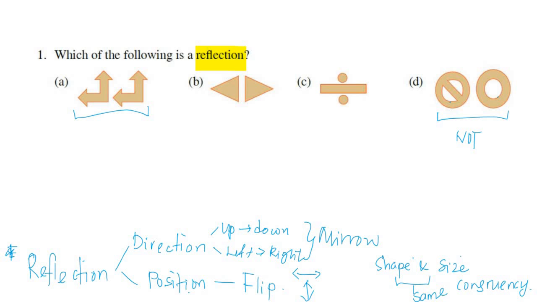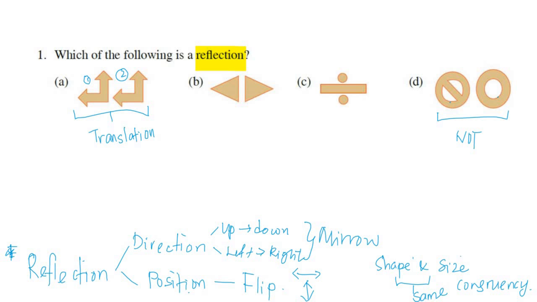The left and right and also up and down of the pictures are still the same. So this is the first transformation we have learned, translation. This is not a reflection.